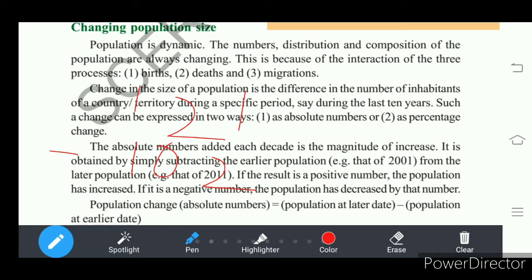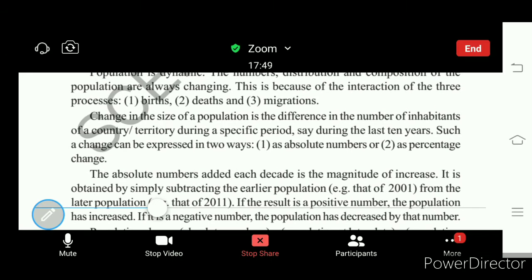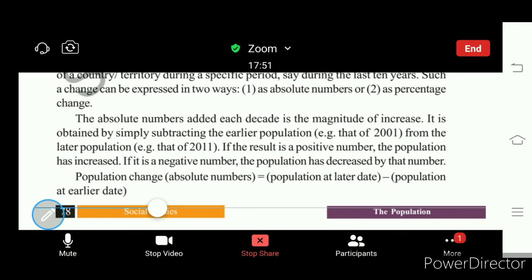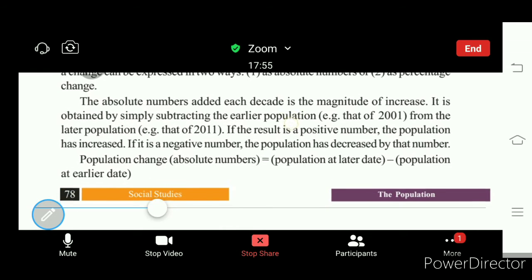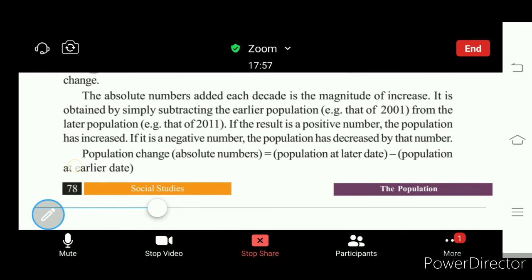Then what will come? Approximately we'll get 18 or 17. It means that it is a positive number, so the population has increased. That is one method. Understand? So it is given how we get population change. The principle is given here. Please note this down.